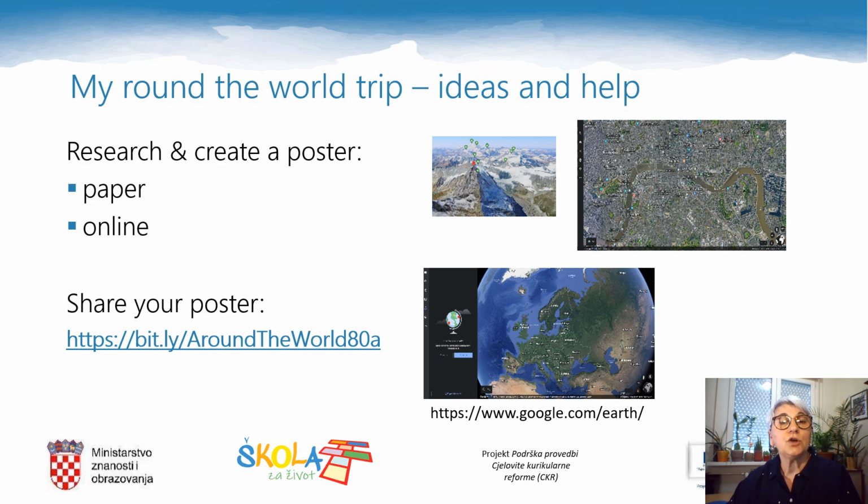If you're working on a computer, a very good idea is to use the application called Google Earth. You can see the link to it. It's a free application. The link is on the right hand side, and you have 3 different illustrations of how you can see the globe. You can pick places on the globe and you can visit them virtually with the help of that app.